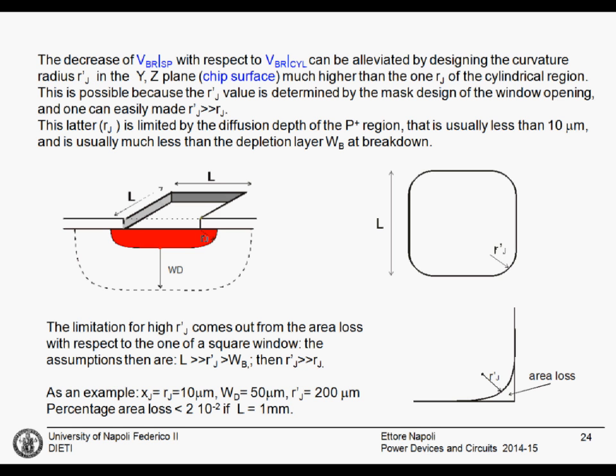Just make a rounded corner. Okay, but how much rounded? The important point is that the radius of this corner must be much larger than the thickness of the junction. You end with a mask on the chip surface with these rounded corners.